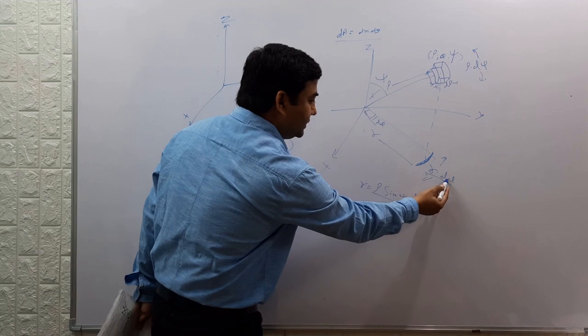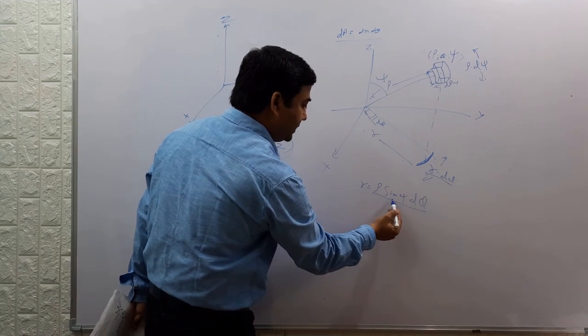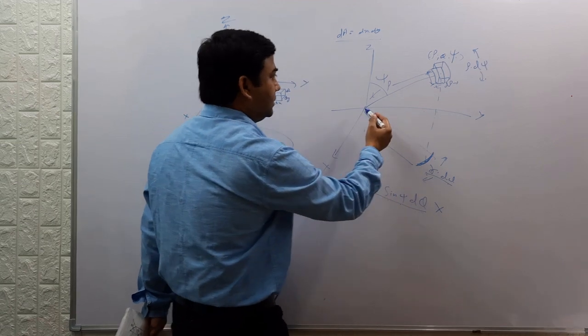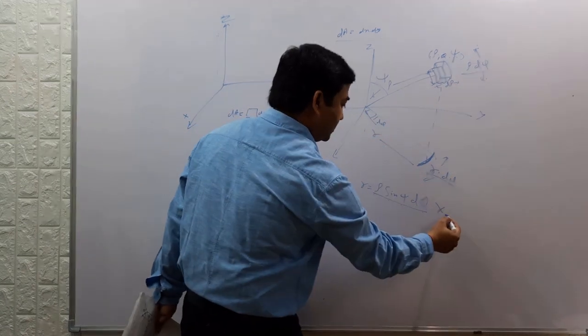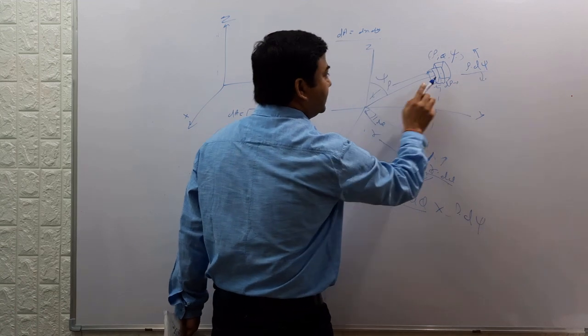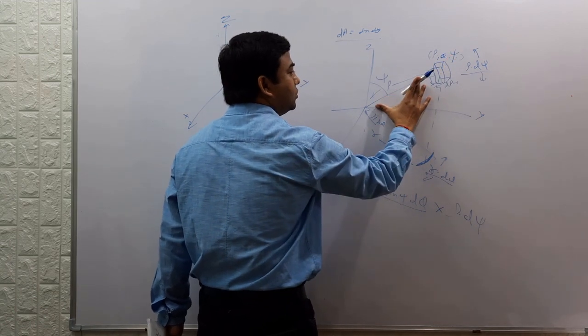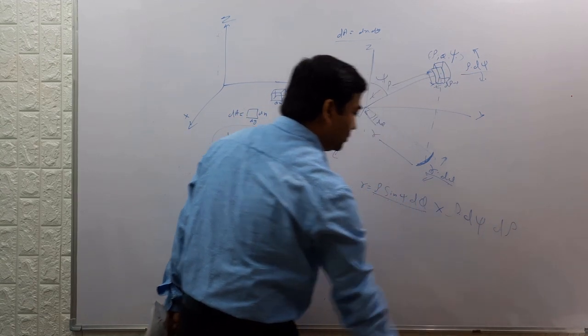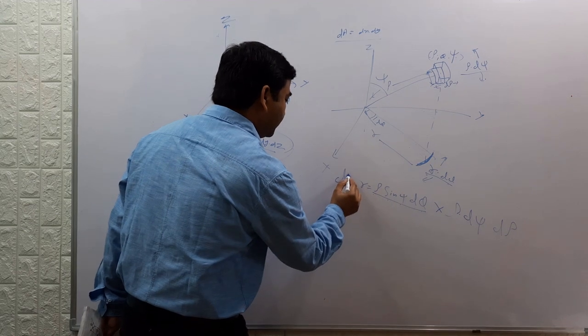One side is r d theta, which is rho sin phi d theta, the second side is rho d phi, and the third side is the radial distance d rho. So this is the volume dV.